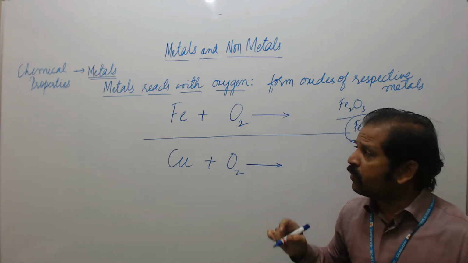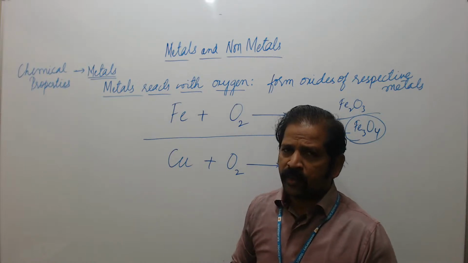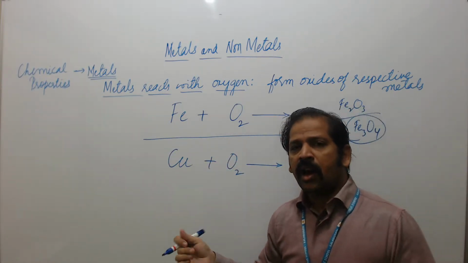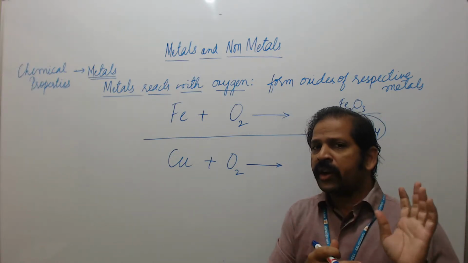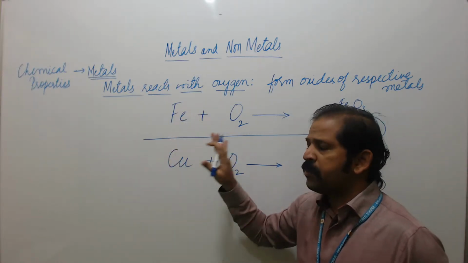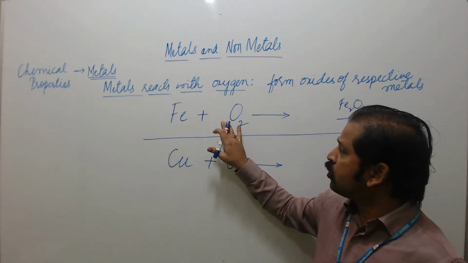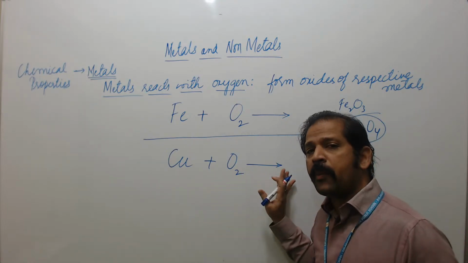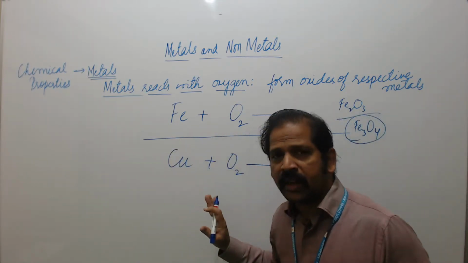Because it takes a very long time to get the result here, a long time compared to the earlier elements, which may be zinc, aluminium, or magnesium, where it was strong heating. It takes a long time to get the iron oxide or the copper oxide.